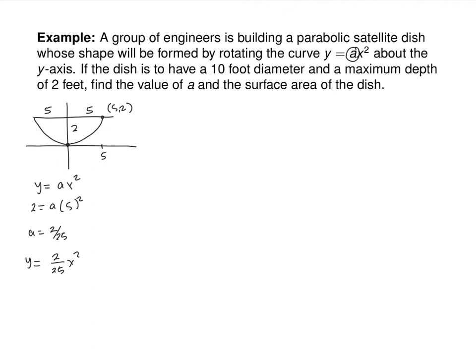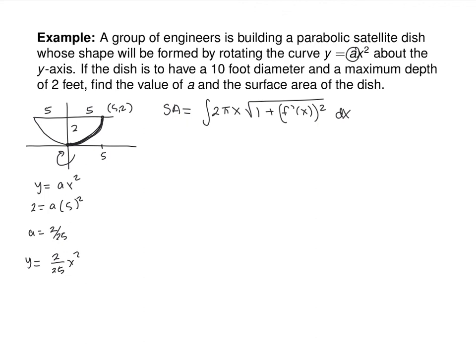And so the surface area of this object we'll get when we spin this part of the parabola about the y-axis. So that's the integral 2 pi x square root 1 plus f prime of x squared. Let's use dx.